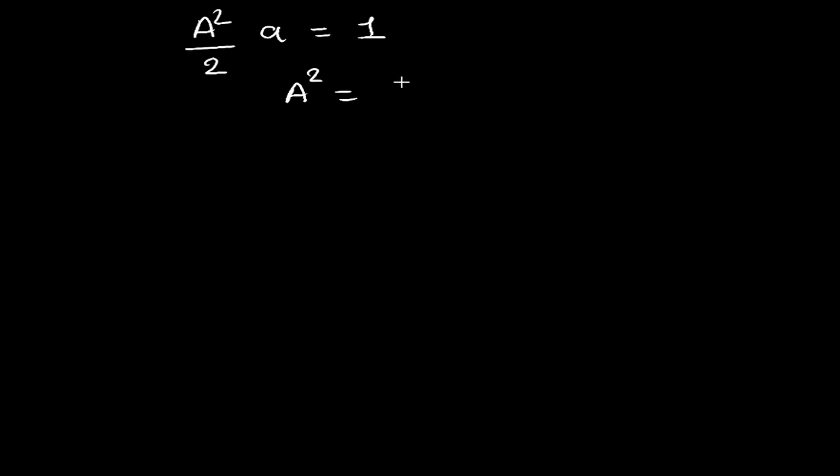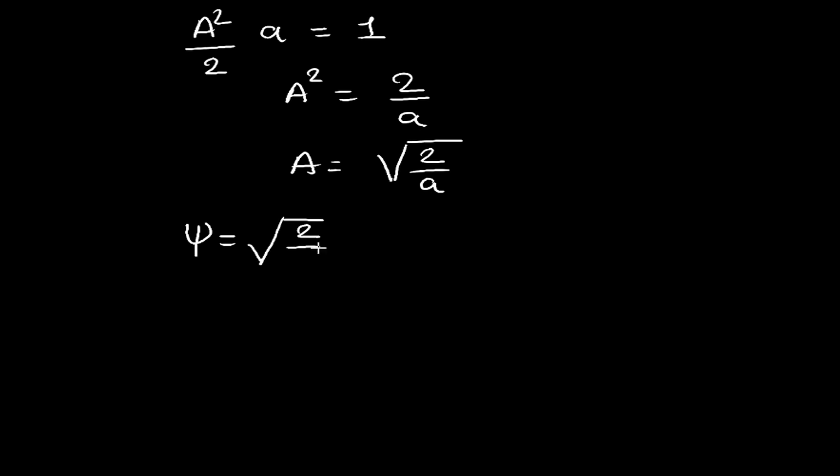A square will be equal to 2 by a, and A is equal to under root 2 by a. So this is the value of the constant A, and hence the value of the normalized wave function for the particle that is confined in one dimension box is under root 2 by a sine n pi x by a.